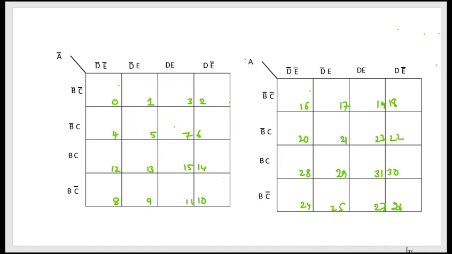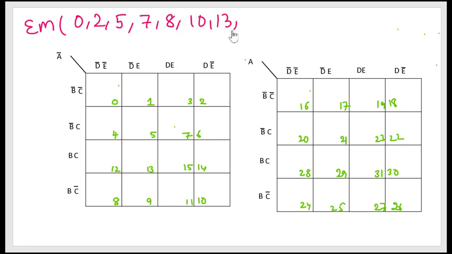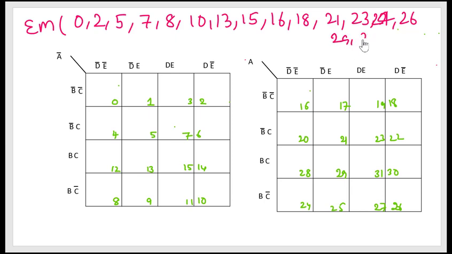Let's take one more example. Sigma m 0, 2, 5, 7, 8, 10, 13, 15, 16, 18, 21, 23, 24, 26, 29 and 31.